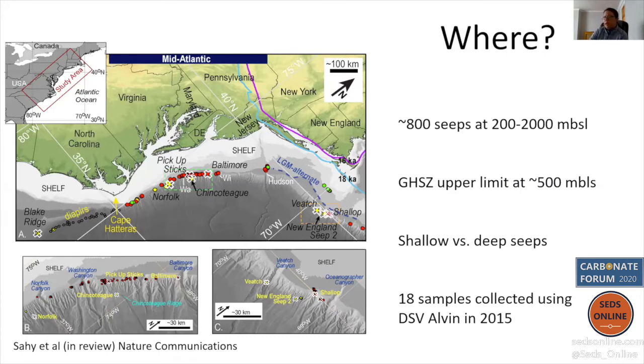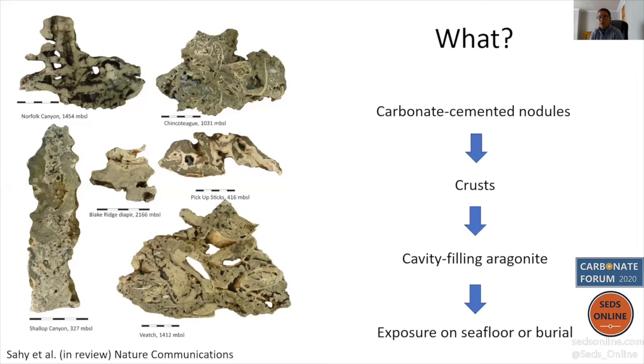But first, I'd like to go through how these materials form and some of the difficulties we've encountered in terms of working with them. So the basic idea is that in the vicinity of methane seeps, the anaerobic oxidation of methane creates conditions that are conducive to calcium carbonate precipitation. So you start off with these millimeter scale nodules that are basically carbonate cemented seafloor dirt.